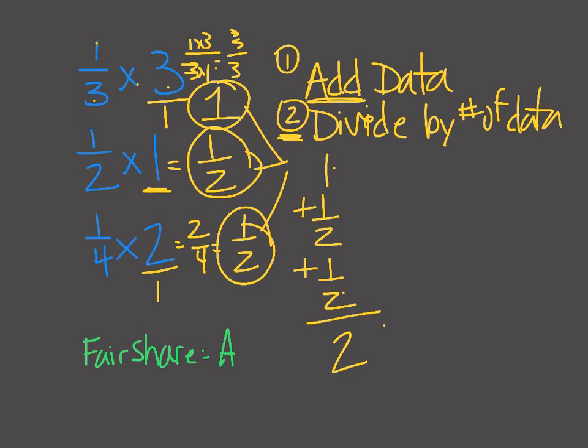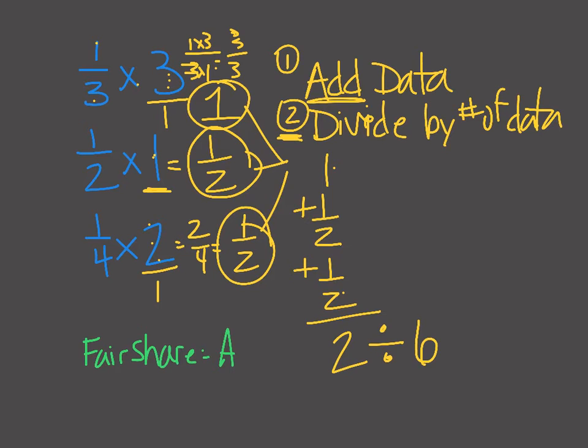So I have the number 2, and I'm going to divide it by how many pieces of data I had. Well, let's count. I had 3, 4, 5, 6. Does that make sense to you? I'm adding up how many pieces were on my board, how many pieces were on my line plot. There were 6 dots on my line plot, and so 2 divided by 6.